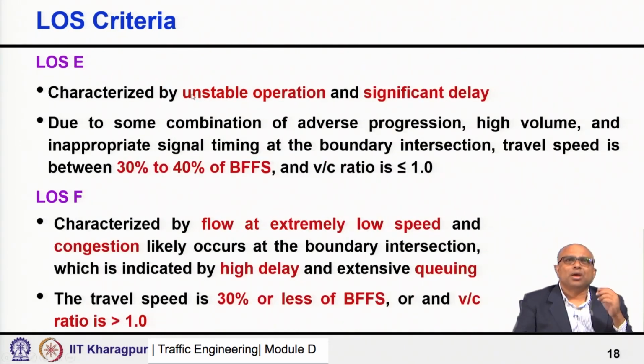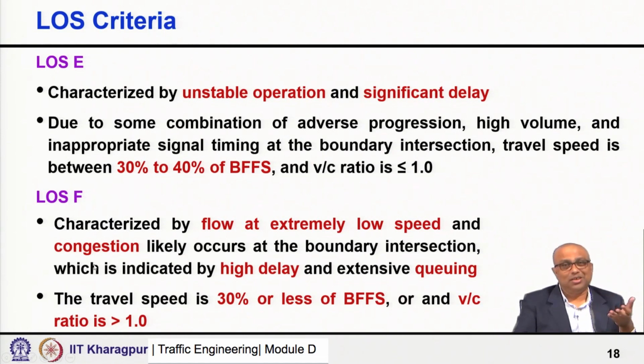LOS E: characterized by unstable operation almost near capacity, and therefore significant delay will be there. Due to some combination of adverse progression, high volume and inappropriate signal timing at the boundary intersection, travel speed is only in the range of 30 to 40% of the BFFS. It has come down drastically.